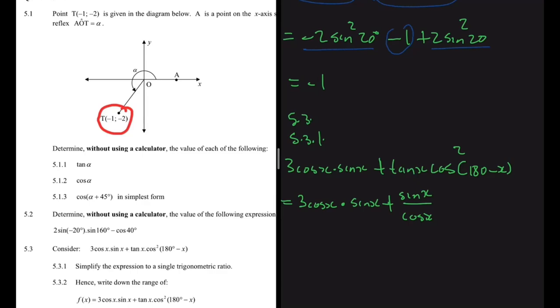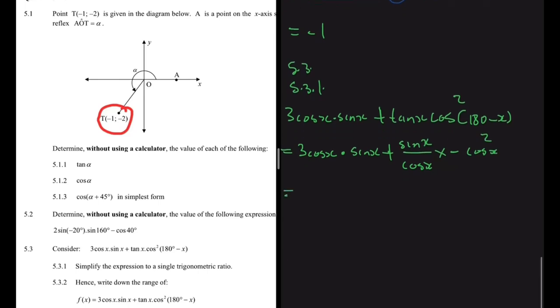And then multiply by cos of (180 minus x) squared. 180 minus x, we on the second quadrant. And on the second quadrant, it's sine that is positive, not cos, right? So here we're going to have multiply by minus cos of x squared, right? It's only fair.